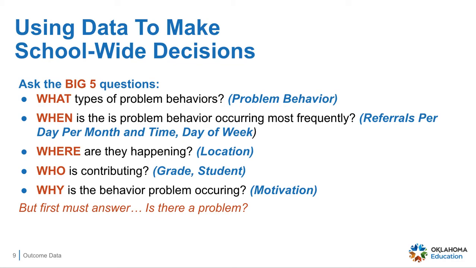These 5 questions are what types of problem behaviors, when is the problem behavior occurring most frequently, where are these problems happening, who is contributing, and why is the behavior problem occurring. ODRs can be used systematically and can answer a variety of questions. But first, we must answer, is there a problem?